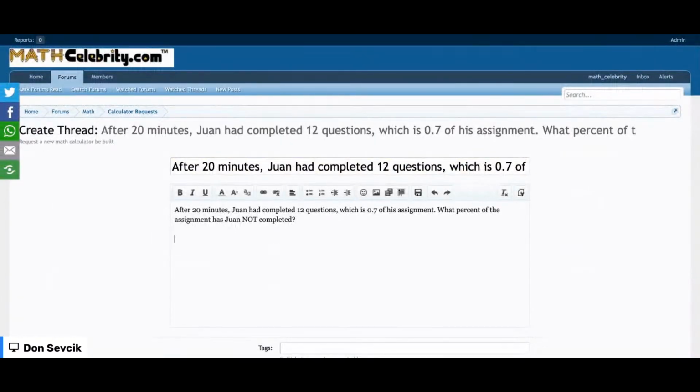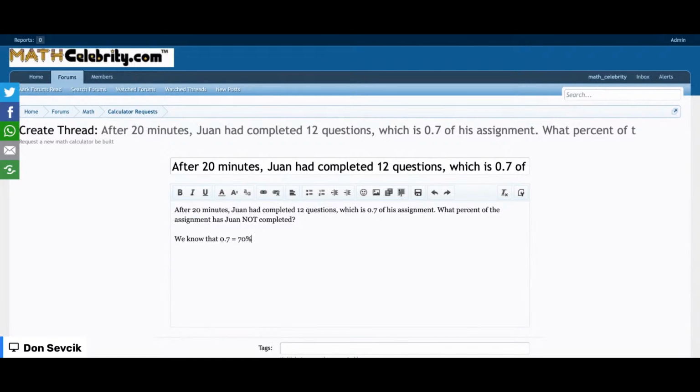After 20 minutes, Juan had completed 12 questions, which is 0.7 of his assignment. What percent of the assignment has Juan not completed? Okay, we know that 0.7 equals 70%.